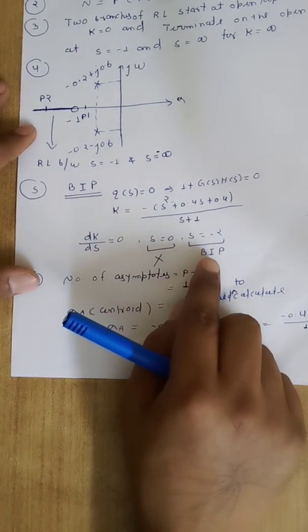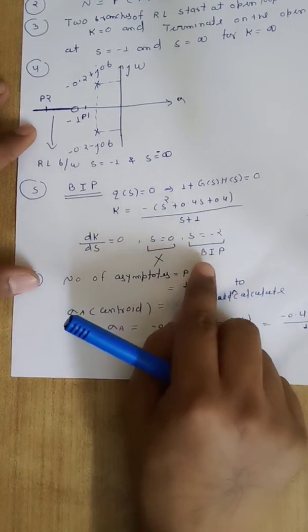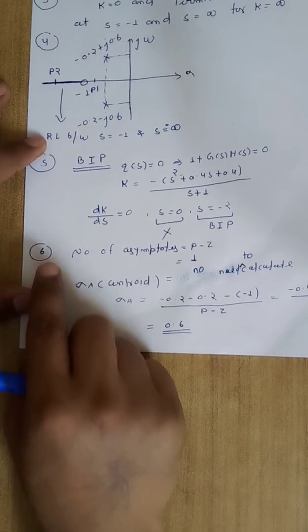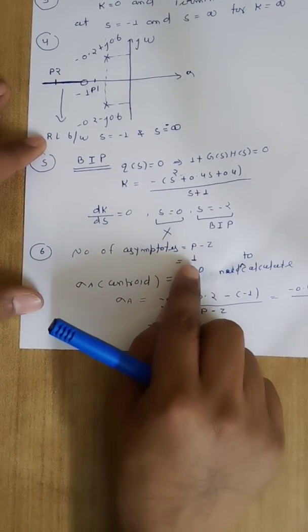So s equal to minus 2 is a valid break-in point, because minus 2 lies to the left of point s equal to minus 1, between s equal to minus 1 and s equal to minus infinity. In the next rule, we will decide the number of asymptotes with the help of p minus z. We have only one asymptote.